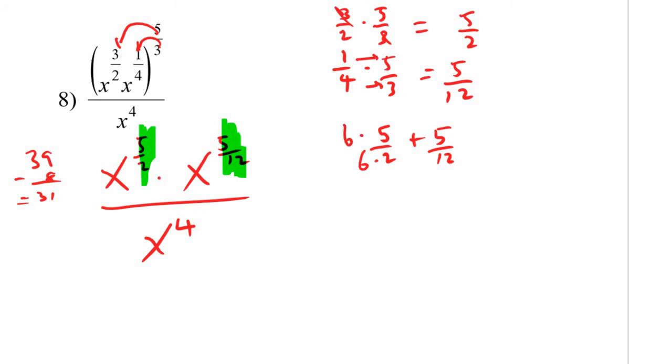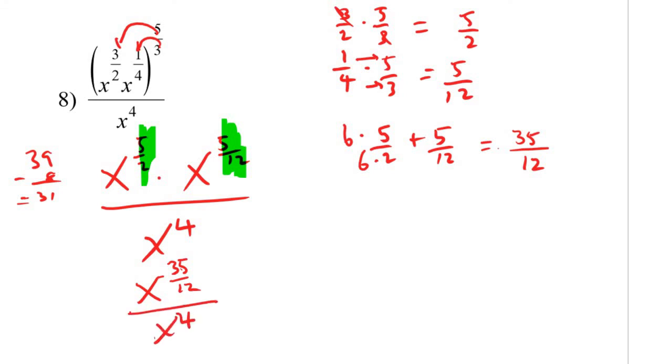That will give us 30 over 12. 30 plus 5 is 35/12. So the numerator is 35/12. Let's go back over here and write x to the 35/12 divided by x to the 4th.